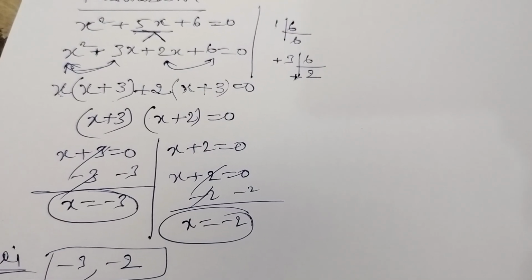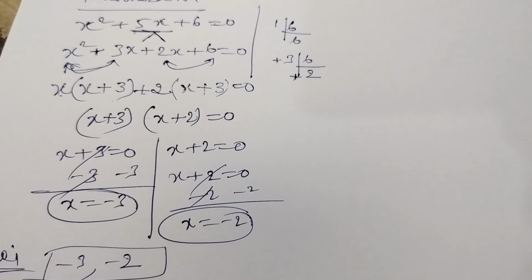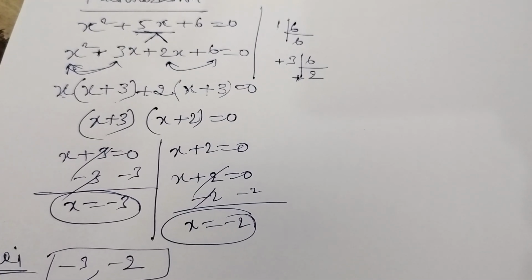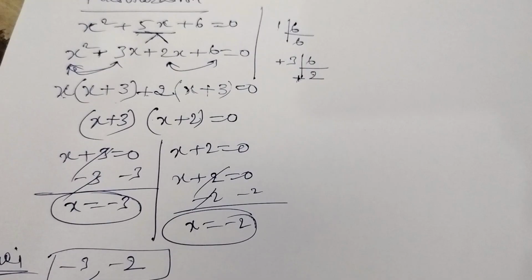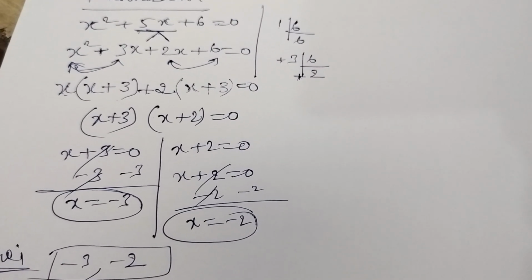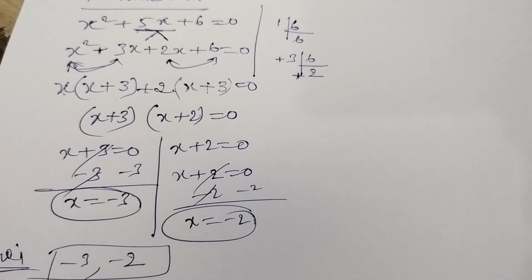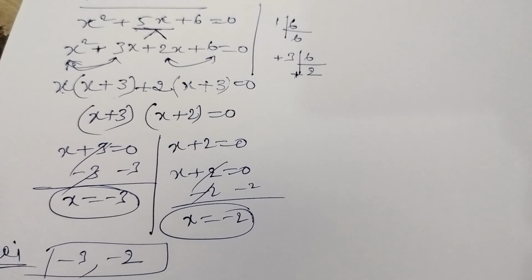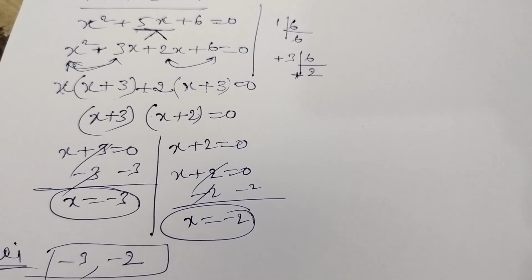These values will suit for this problem, x square plus 5x plus 6. This is how you can solve the given equation. The quadratic equation always has two solutions, so this is how we have to work with the problem.